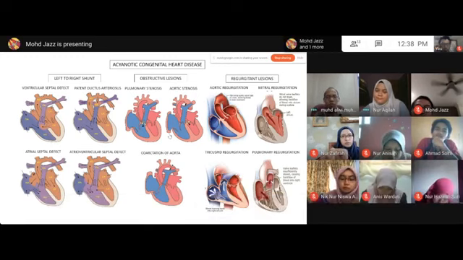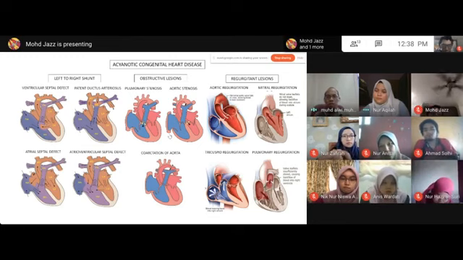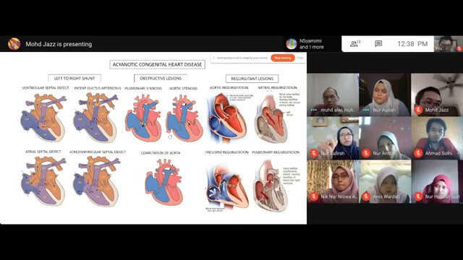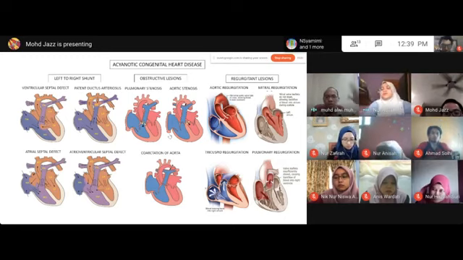So the reason is because there's a lot of blood in the pulmonary circulation that causes them to drown. So heart failure, the problem is because they are drowning. The lung is drowning because of the blood. There's a lot of blood due to the left ventricle failing to pump out blood efficiently to allow venous return from the pulmonary vein.